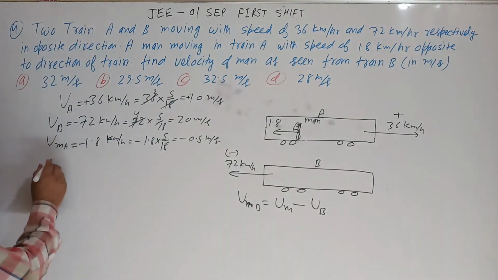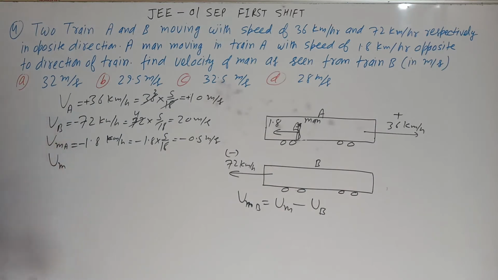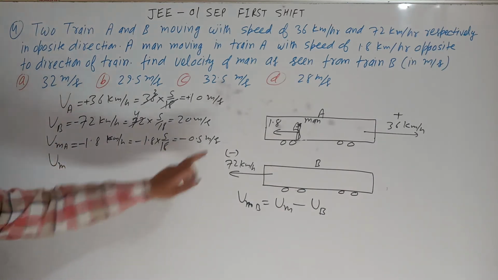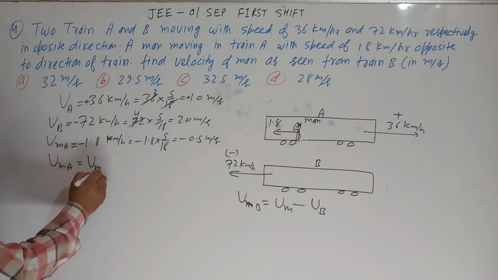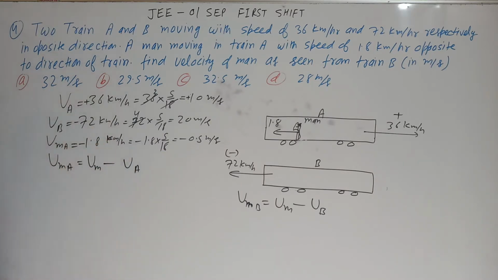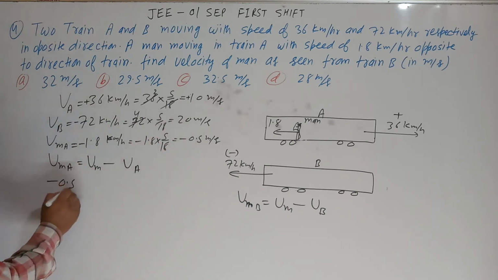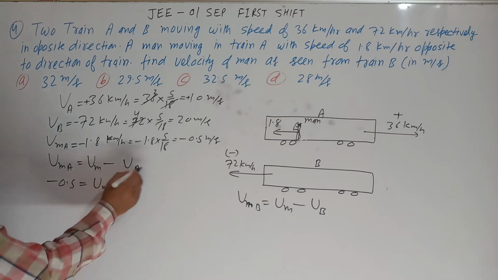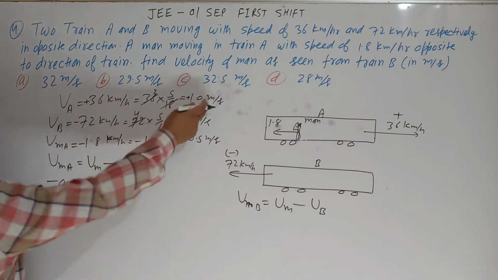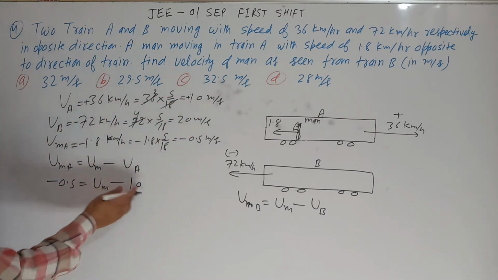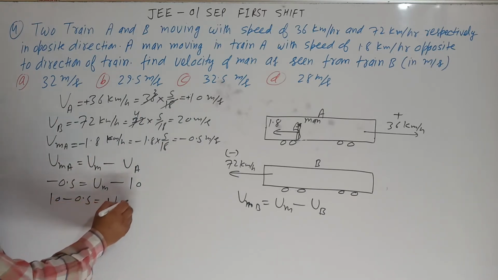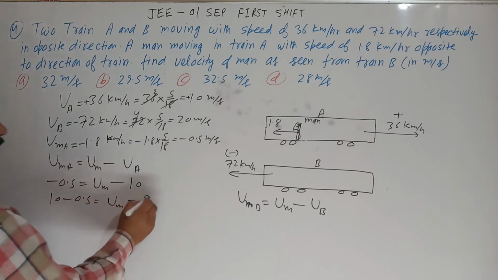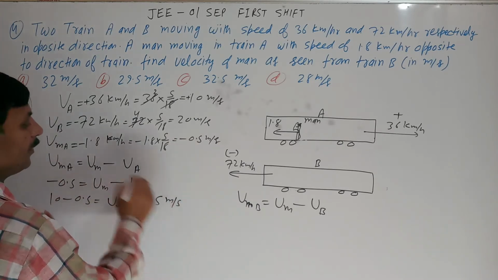So here the velocity of the man with respect to train A is minus 0.5. The velocity of the man with respect to A means the velocity of the man minus the velocity of the train. So minus 0.5 is equal to the velocity of the man minus VA. VA is 10 meter per second, so 10 goes to the left-hand side. The velocity of the man is 10 minus 0.5, that is 9.5 meter per second.